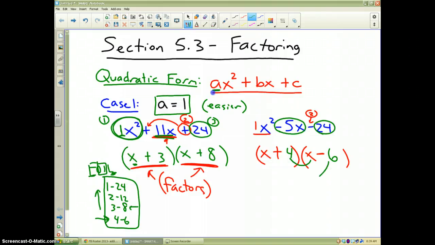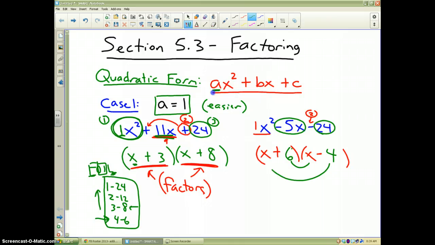If I multiply these two together, the O's and the I's, I get positive 4x and negative 6x. 4x minus 6x is negative 2x. That doesn't work. So I've got to try something else. Now, the first thing that you may have to try when you have different signs is to switch the numbers. So I'm going to put the 6 over here and the 4 over here.